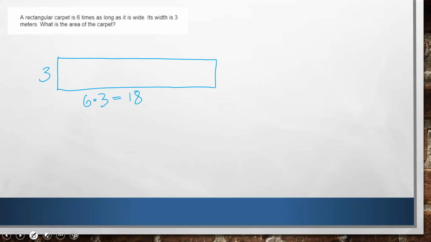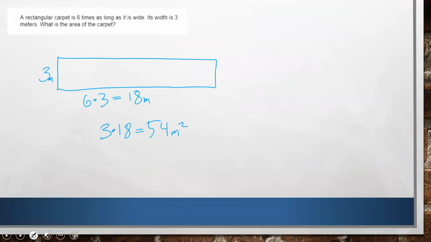Well, now we know it's 3 meters wide and 18 meters long. We want to find the area of that carpet. That's just going to be 3 times 18, which is going to give me 54 meters squared.